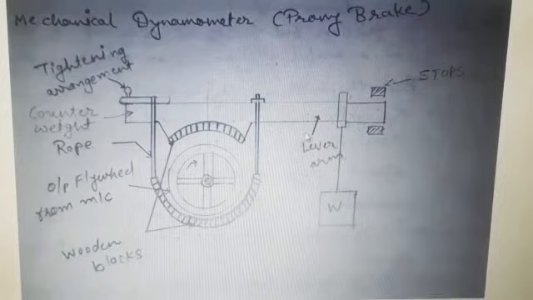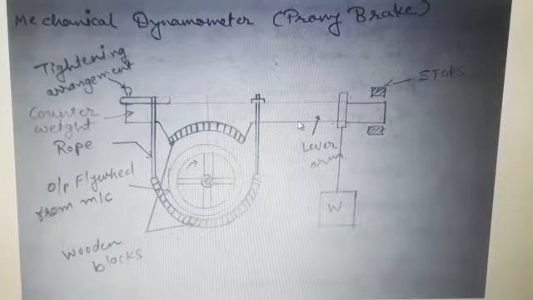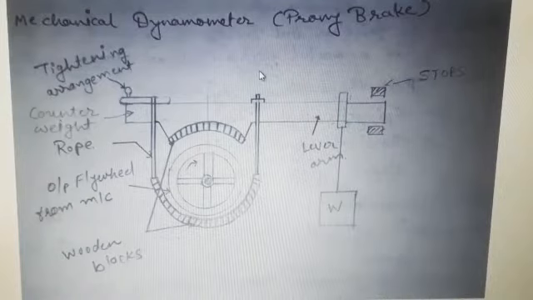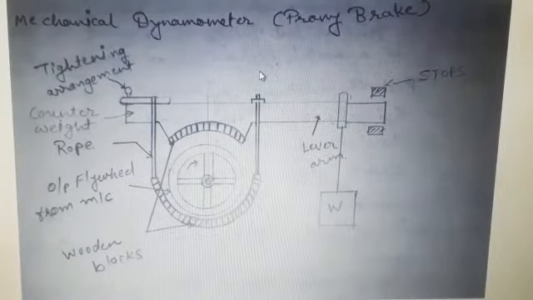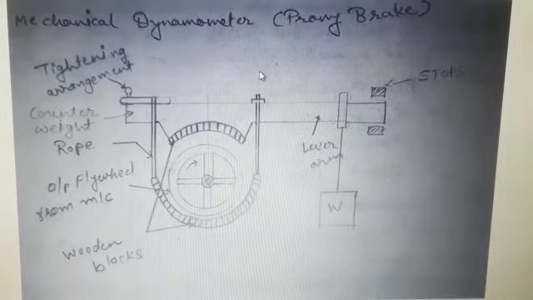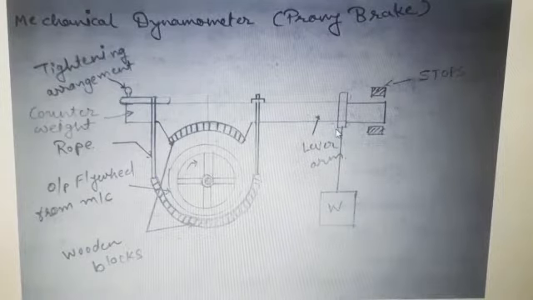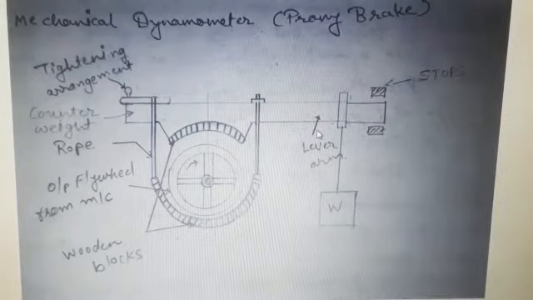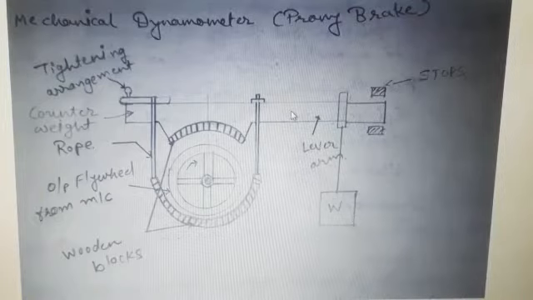Power is calculated by the formula P equal to 2 pi N upon 60 into W into L. We already know the formula of power: P equal to 2 pi N upon 60 into W into L. W is already calculated here, and L is the distance between this shaft and the weight.